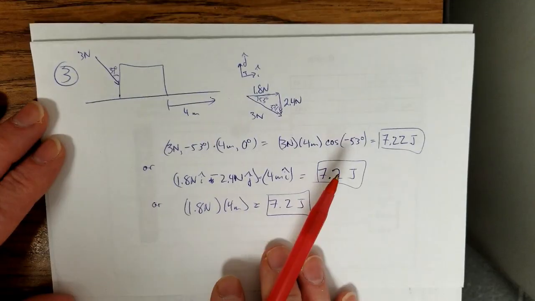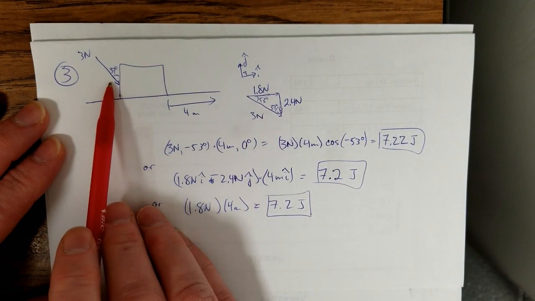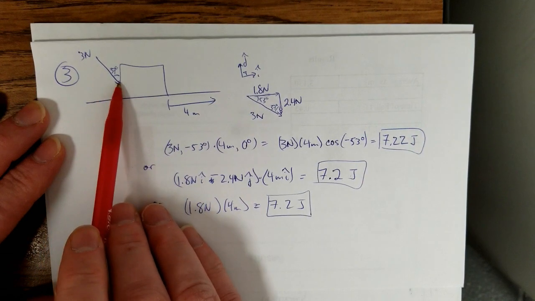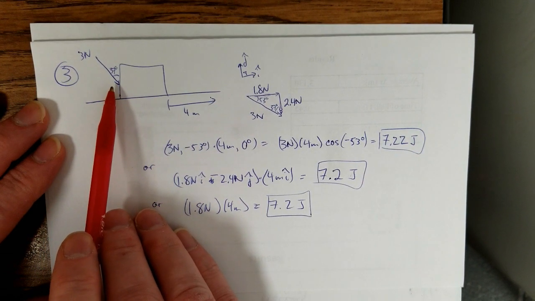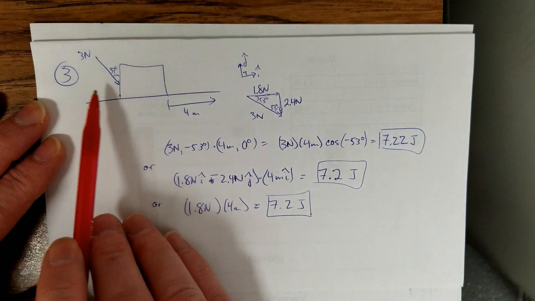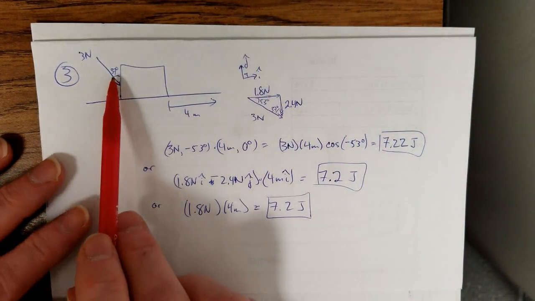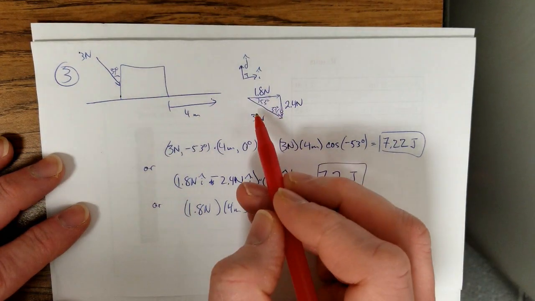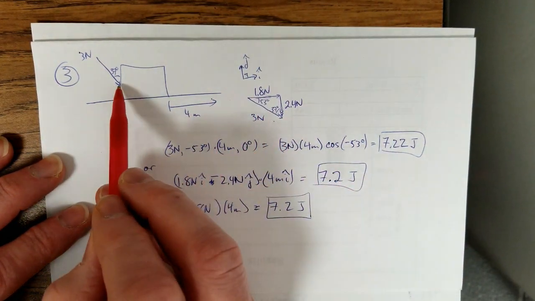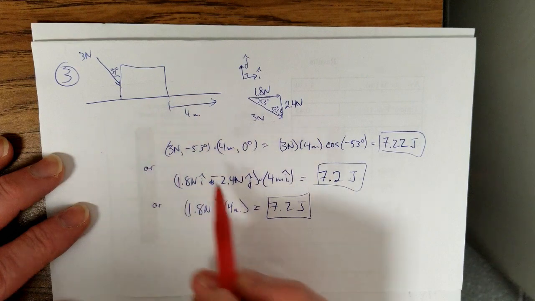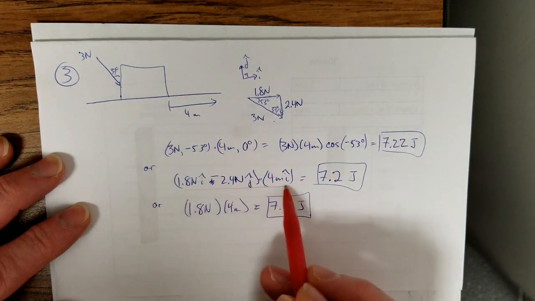Example number 3, I now have the force being applied at an angle, 37 degrees from the vertical. Now typically the angle is given from the horizontal, but for some reason in this example I decided to do it from the vertical. And so I need to break it into components. I need to figure out how much of that force is to the right if I am doing the rectangular form right here.